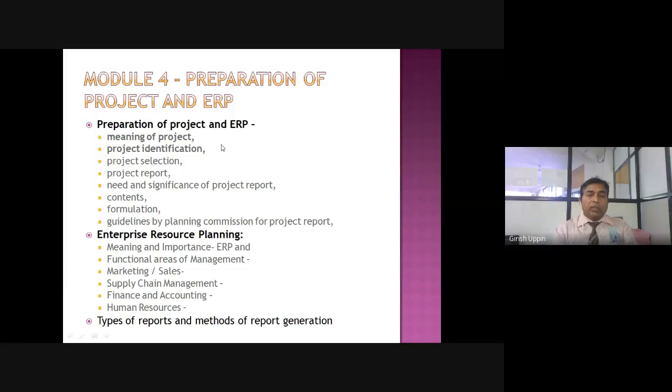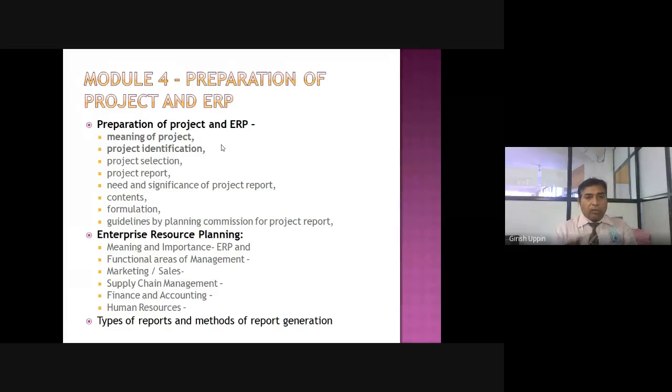So what you will do, like in the final year project, is make your team, and you will be assigned a guide, and then you will propose 3 to 4 ideas. It depends on the guide.